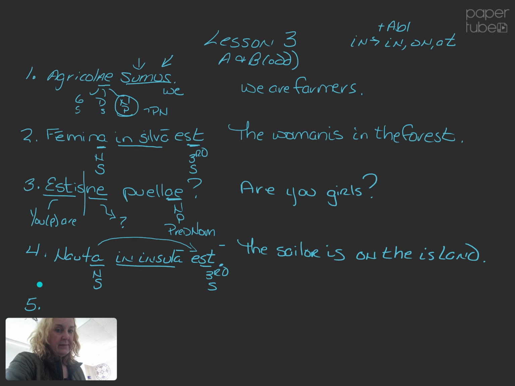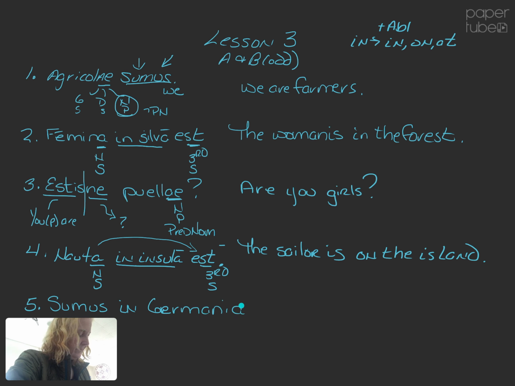Number 5. Sumus in Germania. I've got an ablative place where and a sumus for my subject and verb. Sumus, we are in Germania, in Germany.